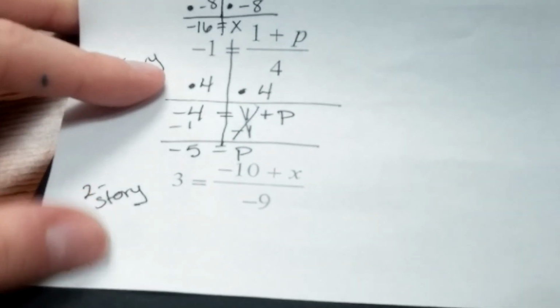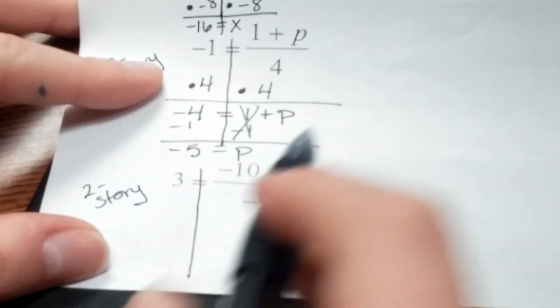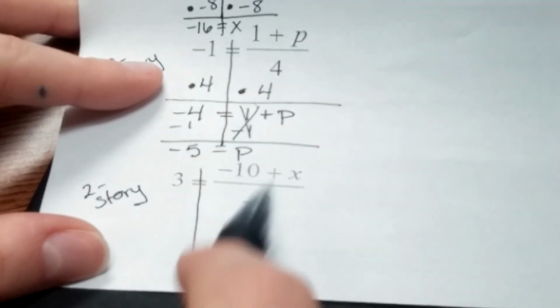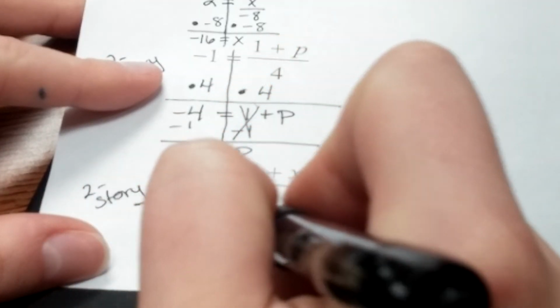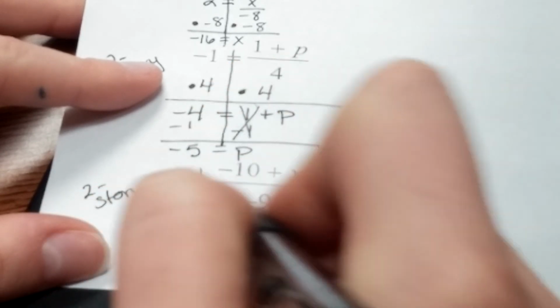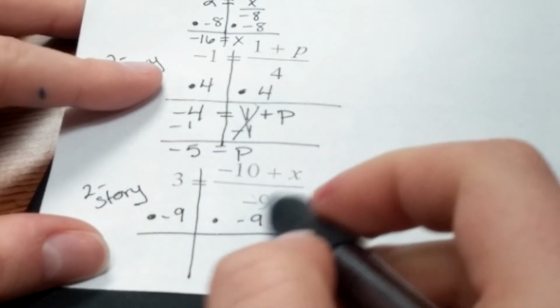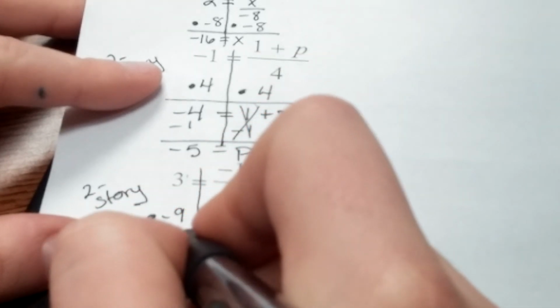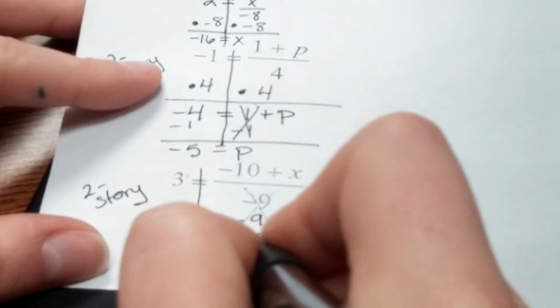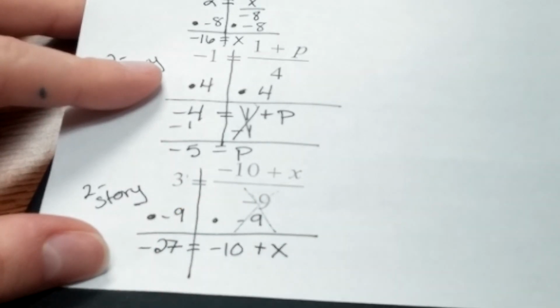All right, last example, again another two-story problem. So I have two terms up here in the numerator, so I have to get rid of the division first. I'm dividing by negative 9, so I have to multiply by negative 9 in order to undo that. These two guys are going to cancel. 3 times negative 9 is negative 27, and that's equal to negative 10 plus x.